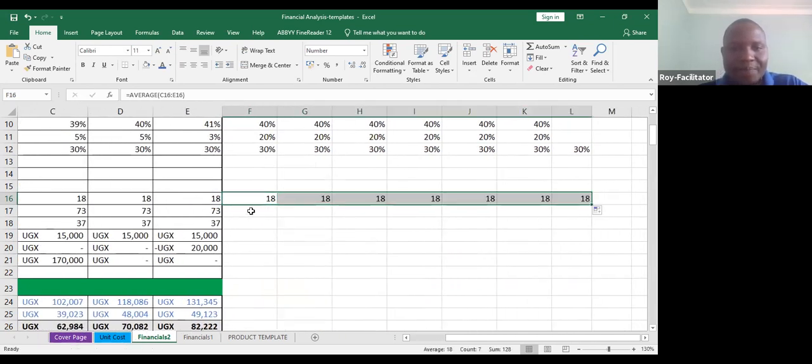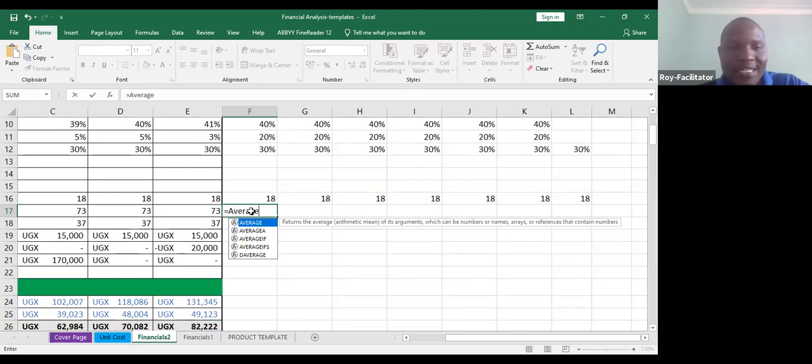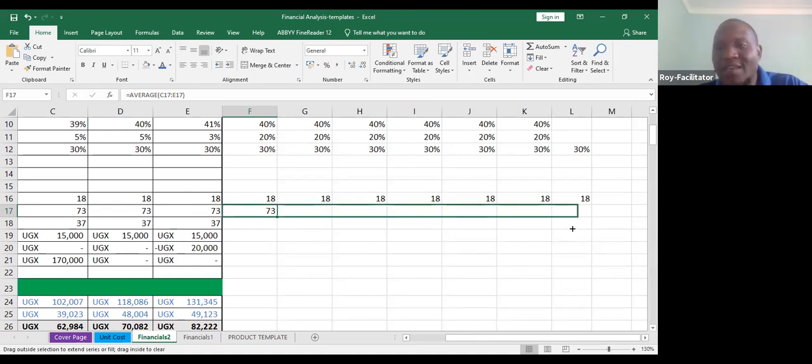For inventory days, the days it takes for me to sell stock, I'll just maintain that. I can type 73 as I've said, or I can do moving average. Either way, it's fine.